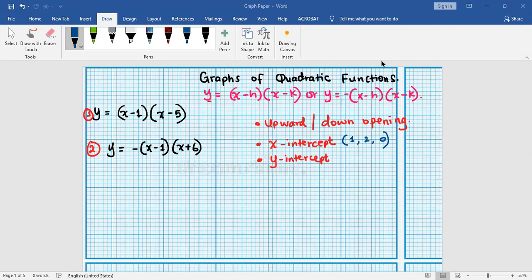Then y-intercept, we said that it must be 1. The curve must cut the y-axis at 1 point. It cannot cut it at 2 points. Okay.